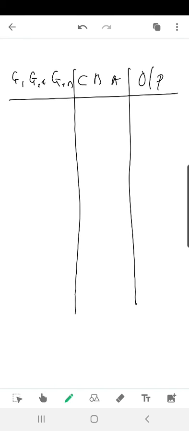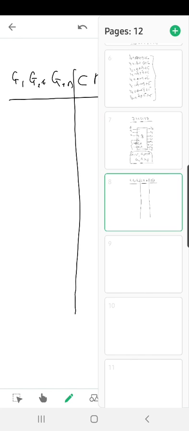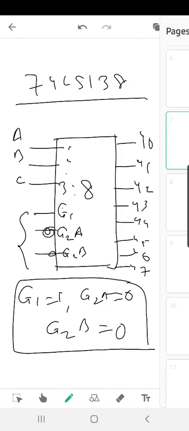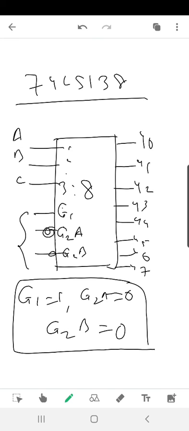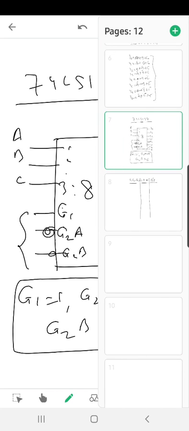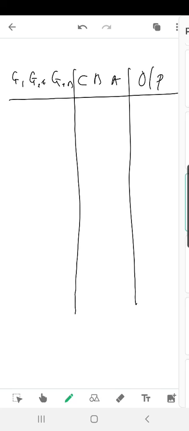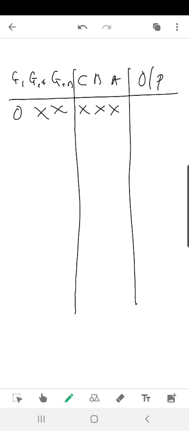When I talk about G1, G1 is active high. If the value of G1 is 0, this decoder will not work. Irrespective of the values of the remaining 5 pins, the 3 input pins and 2 enable pins, the output will be at high state.